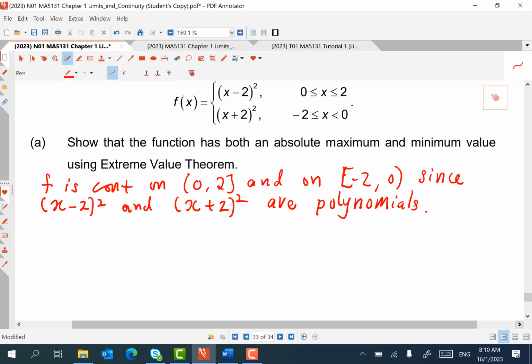So the only point of contention will be the dividing point. The point in this case is 0.